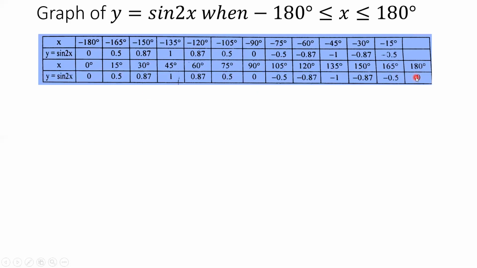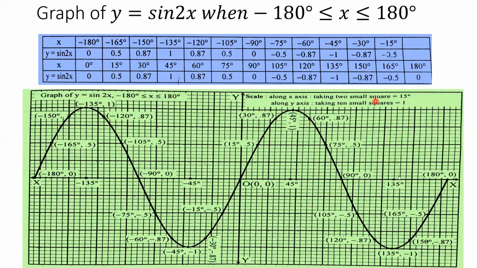Now you must take a graph paper where the two mutually perpendicular straight lines X'OX and Y'OY are considered as the x-axis and y-axis respectively.